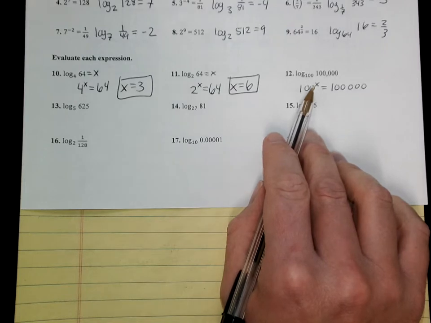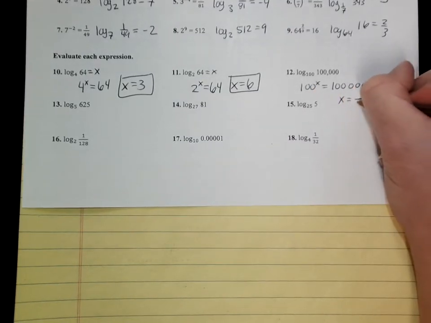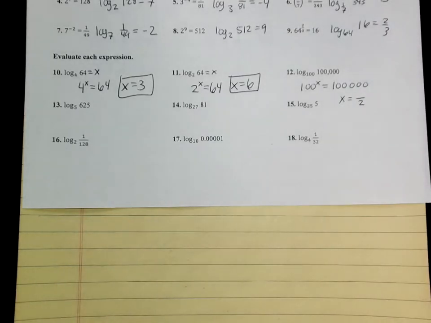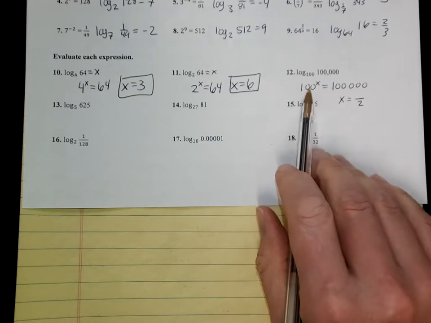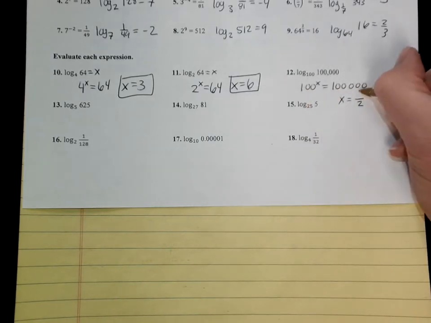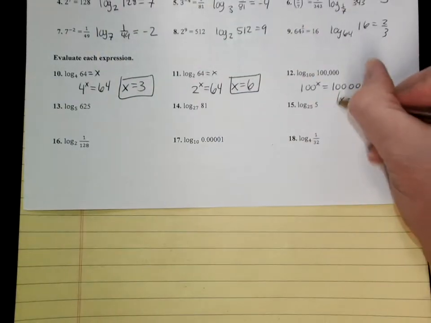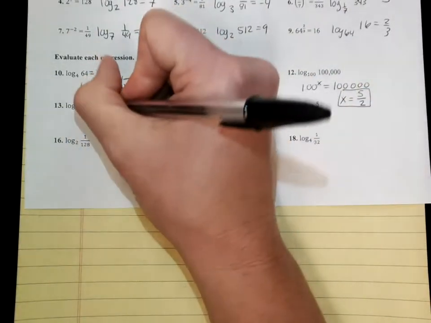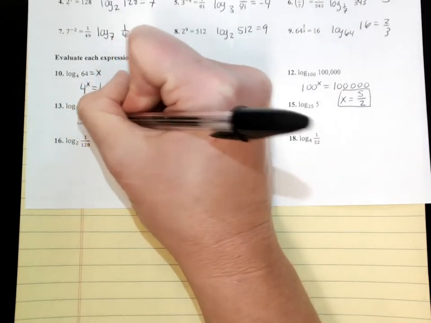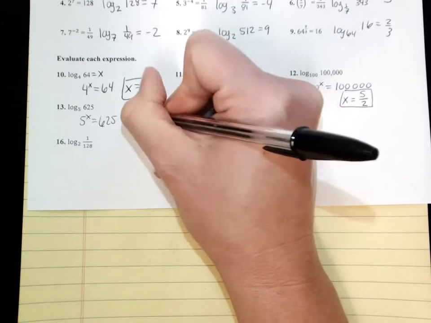For example, here I may have to say, well, I need to take the square root of 100 first and get that to 10, and then I can do 10 to the 5th power. If you're not sure, you should check it out. Same thing here, 5 to the what power equals 625. That's actually x equals 4.